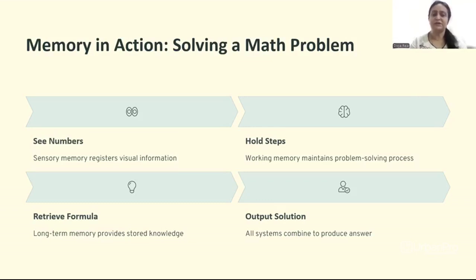Atkinson and Shiffrin said that human memory is not just a vast storehouse where you go and retrieve whatever you need, but it works in different steps or stages. That's why this is also called stage theory, because memory works in different stages, or it's also called memory processes. So what do we do if we have to solve a math problem?